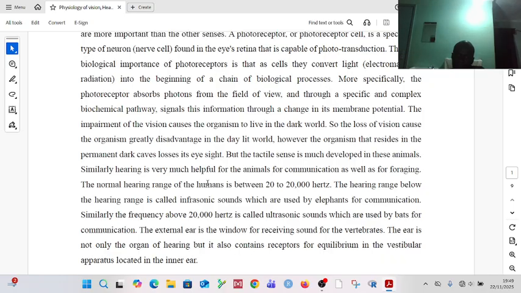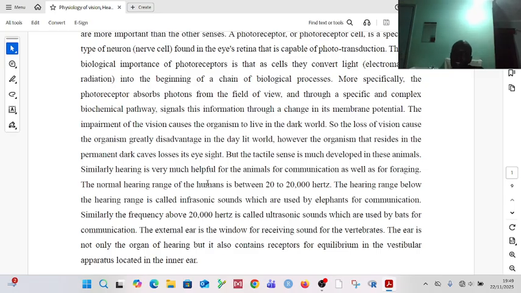Because the elephant has a slightly lower limit for its hearing, normal hearing range. Okay? Then the sounds that are higher than 20,000, the ones we are calling ultrasonic, those ones are used by animals such as bats.